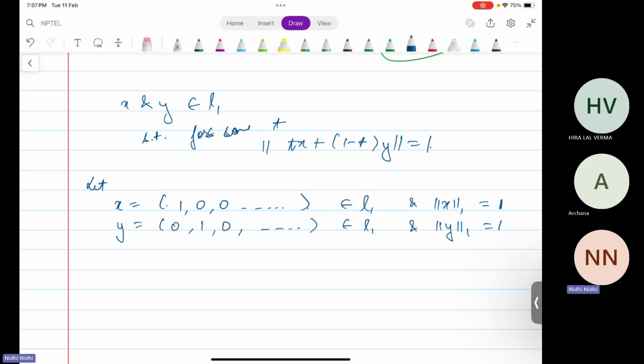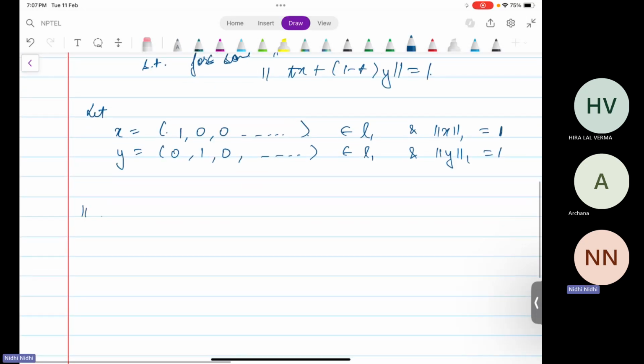Now, what can we say about the L1 norm of tx plus (1 minus t)y? Firstly, let's see how the sequence will look. Its first term will be t, then the second term will be 1 minus t, and the rest of the terms will be 0. And what is our L1 norm?